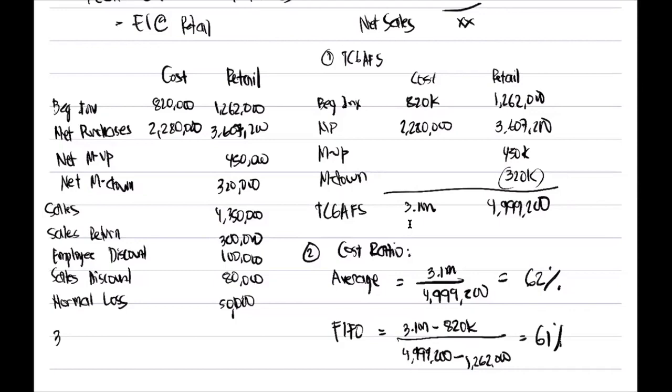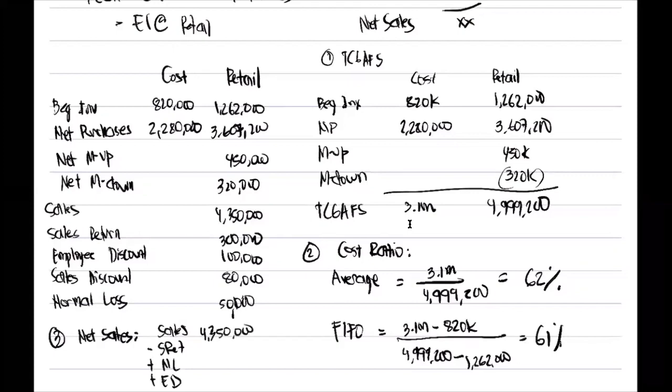The next step that we need to do is to compute for our net sales. So how do we compute for your net sales again? We have your sales less sales return plus normal loss plus employee discount. So our sales amounted to 4,350,000. Our sales return is equal to 300,000. Our normal loss is equal to 50,000.